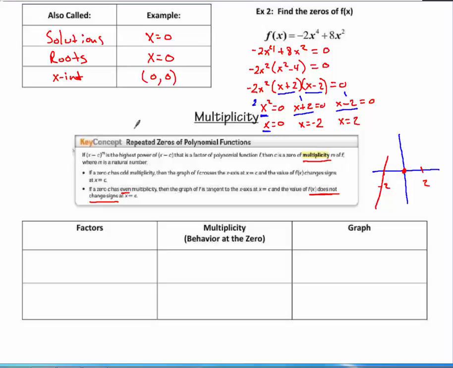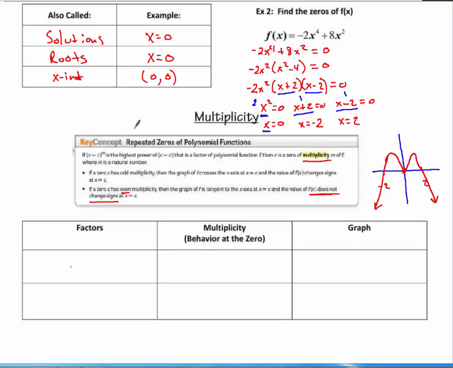Now, we know that we're going to have to go to this, so at some point, this graph is going to turn back down. And when it hits here, it's going to bounce back up. At some point, it's going to turn back down again and go back through there, so that we wind up with both sides going down. It crossed at these 2 points, and it bounced at these 2 points.